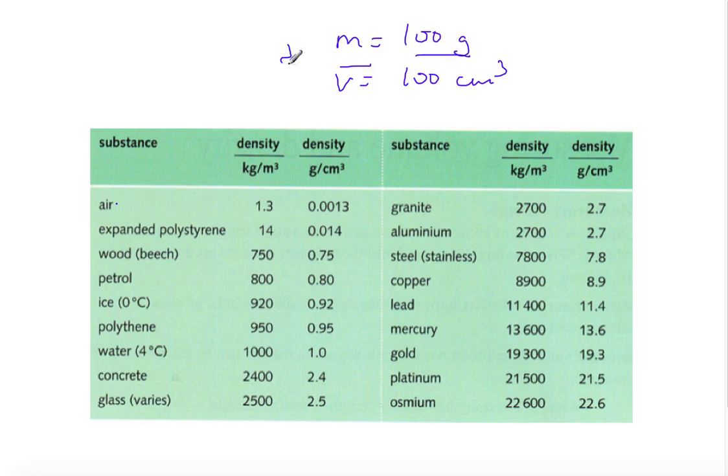To find density, we calculate it and get 1 gram per centimeter cubed. We don't know what it is, and density 1 is pure water at 4 degrees centigrade. So for any unknown material, we can calculate its density by calculating mass and volume, so that we can understand what material it is.